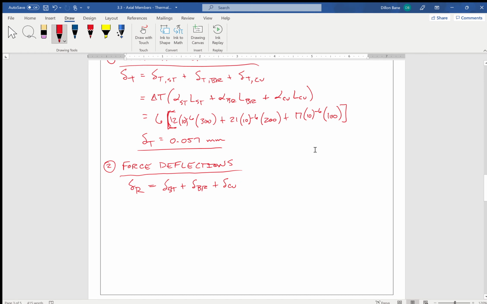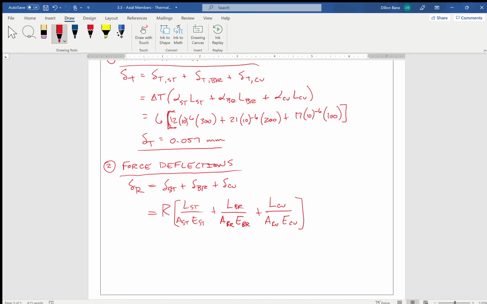So I'm just going to pull out that R force, which is the reaction, out of our equation, and what we get is the length of steel over A steel, E steel, plus the length of the brass divided by A brass, E brass, plus the length of copper divided by area copper times E copper, and all of that.